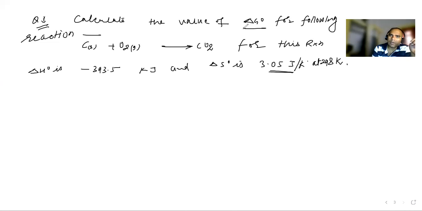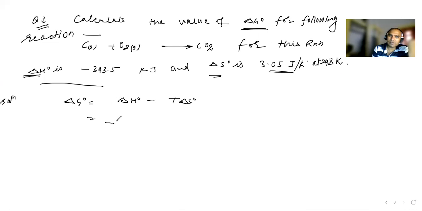So they are asking for the delta G naught value. Here you see delta H and delta S are given. So the equation we need to use is delta G naught is equal to delta H naught minus T delta S. Here it is minus 393.5, then the temperature they have given is 298 Kelvin, so I am mentioning 298.